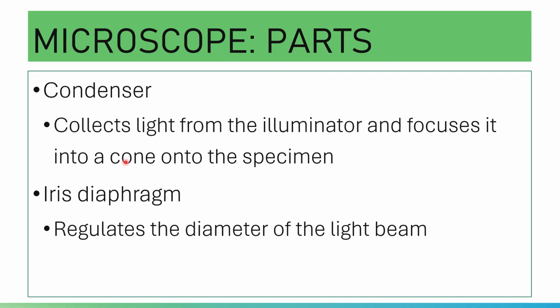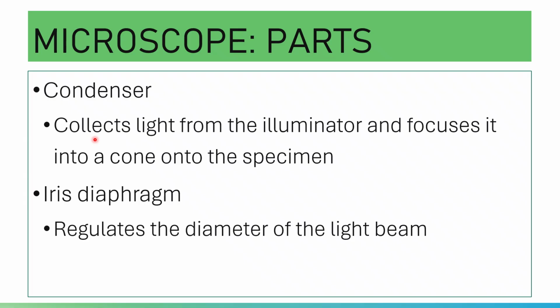Then you have your condenser. Your condenser is actually a lens system, but not a magnifying lens. They are not for magnification. Your condenser is a lens located beneath the stage, and what does it do?